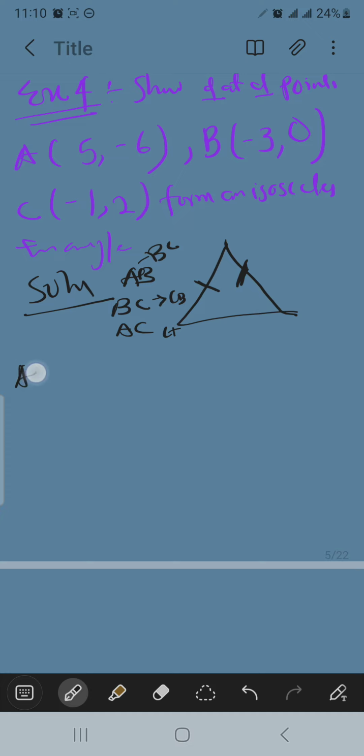So now let me pick line AB, the side of AB. Let me pick that one first. What is my A? I have A to be (5, -6), and B to be (-3, 0).